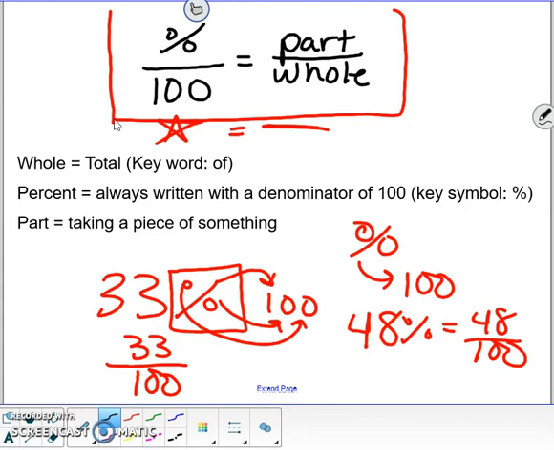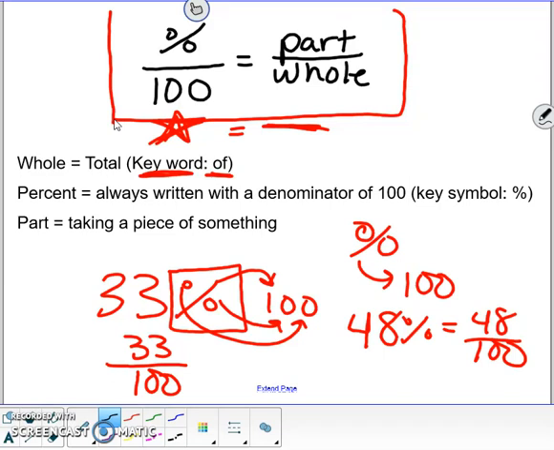Doing the percent out of 100 is easy, but figuring out which number is your part and which is your whole gets a little more tricky. I have a keyword here. If ever you see the word "of," the number right next to the word "of" is going to be your whole. You might want to circle or highlight it.